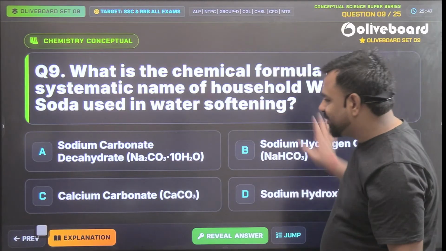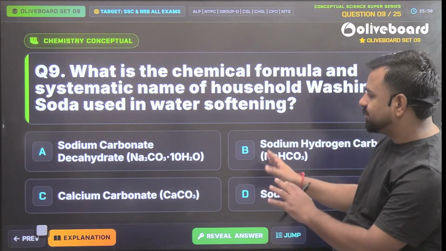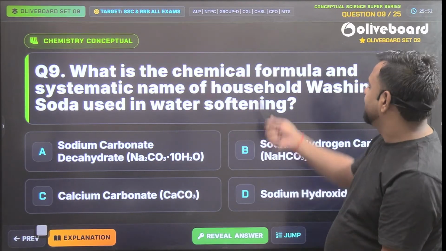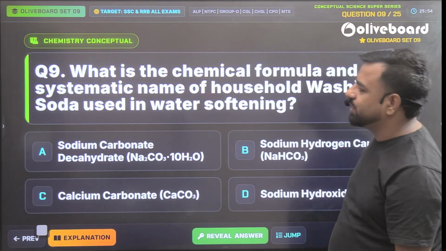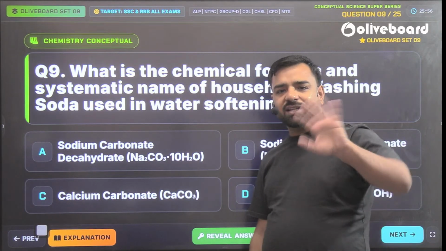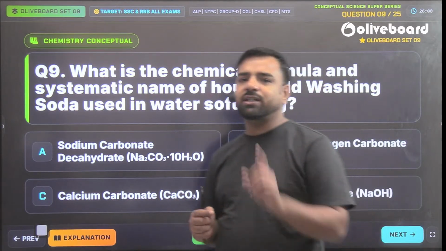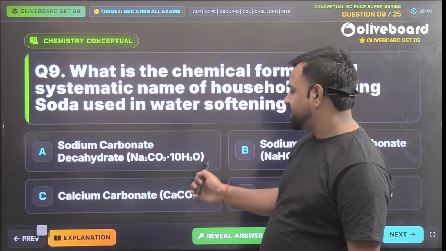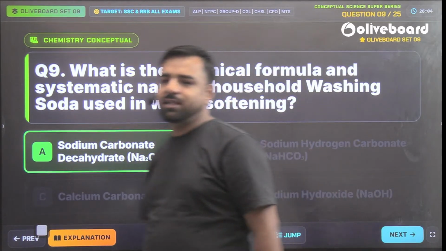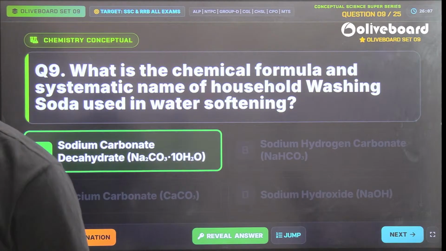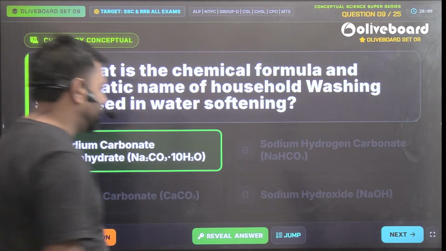So it was asking about the chemical formula for washing soda, right? Washing soda, without any bi, is sodium carbonate, Na2CO3.10H2O. So it's here. Option A will be the correct answer, right? So Utkarsh and Ashish, both of you are correct.